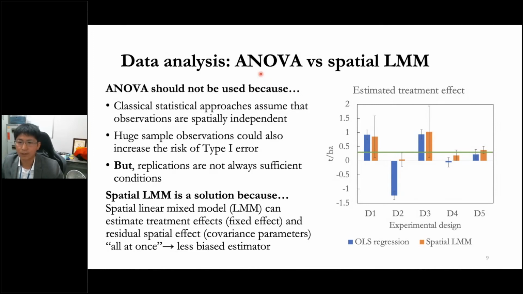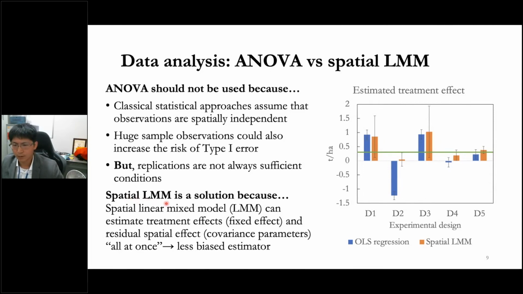Moreover, the sample size collected by yield monitor or remote sensing is so huge that it increases the risk of false positives or estimate bias. Design alone is not always a sufficient condition. So spatial linear mixed models have been used as solutions for analyzing on-farm data. A spatial linear mixed model can estimate treatment effects precisely by accounting for residual spatial effects at the same time.